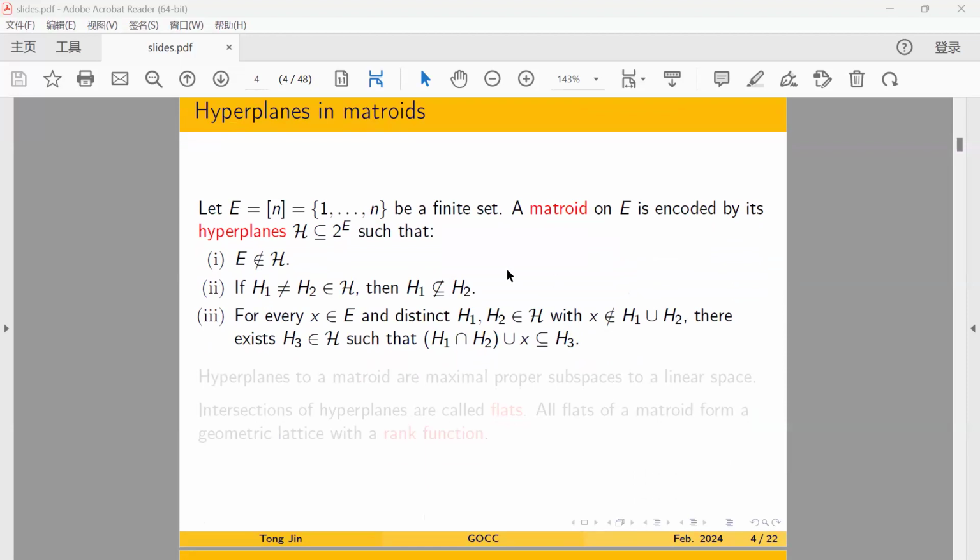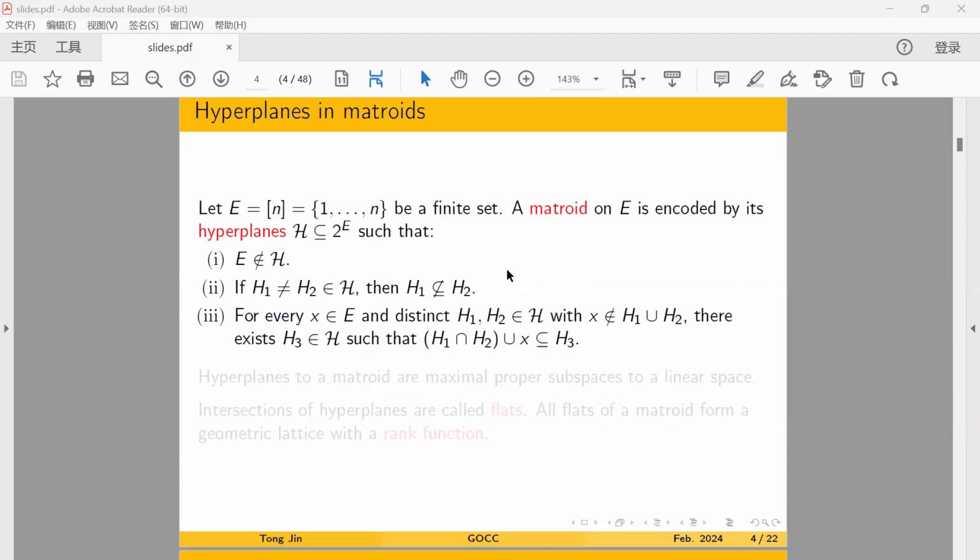And finally, the most important axiom says that if we have two distinct hyperplanes, H1 and H2, and if we have some element X outside the union of H1 and H2, then we can find a third hyperplane H3 such that the H3 hyperplane contains the intersection of H1 and H2 union the element X. If you are familiar with matroids, you can view it as a dual version of the circuit elimination.